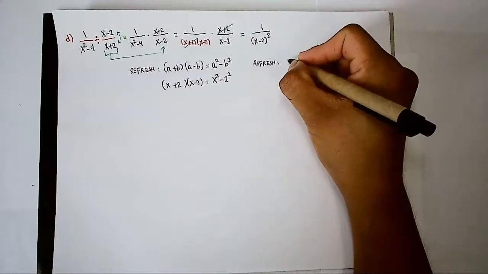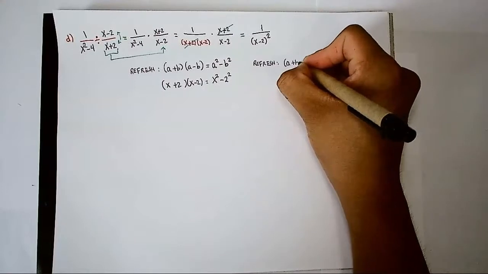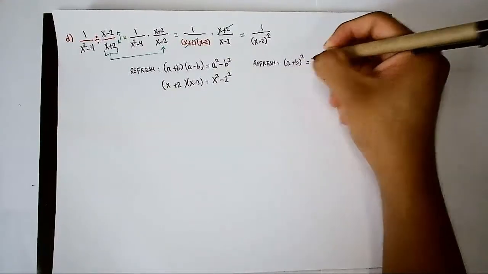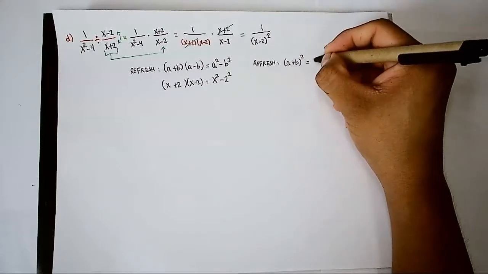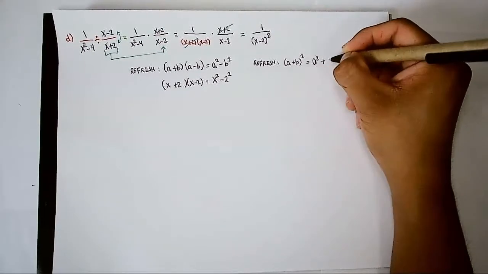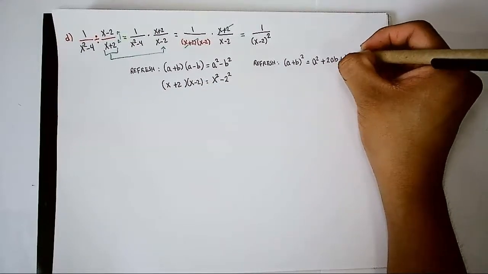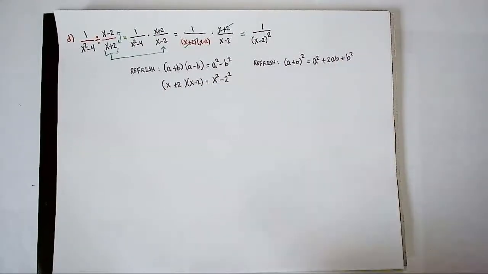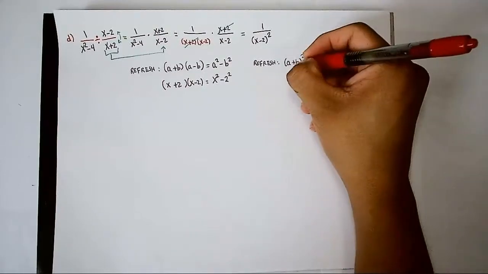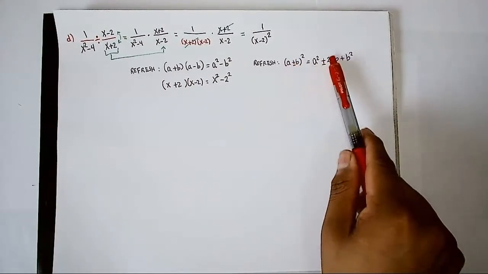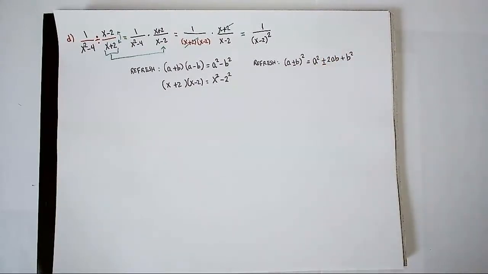Now let's refresh the following. When we had the addition of two terms squared, this was equal to the square of the first one plus 2 times the first one times the second one plus the second one squared. And when we had a subtraction, we just switch the sign of the second term to negative.